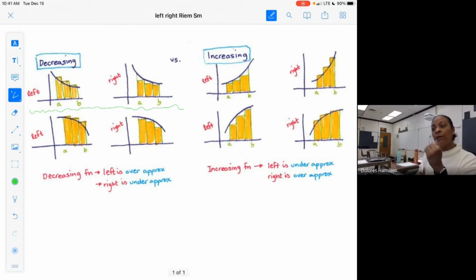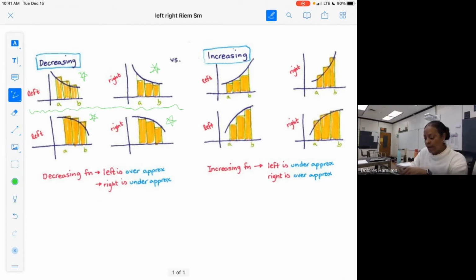You'll see if we use a left-hand approximation on a decreasing function, both of those turn out to be over approximations, whereas for the decreasing function, using a right-hand approximation, looking at these two, those are both under. So when my function is decreasing, my left is always an over approximation and my right is always an under approximation. The flip happens when it's an increasing function.